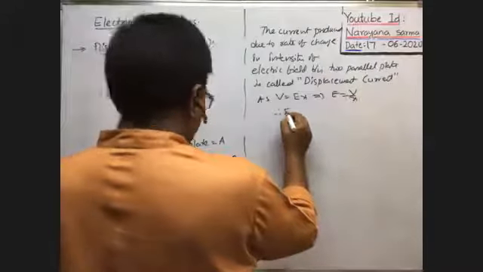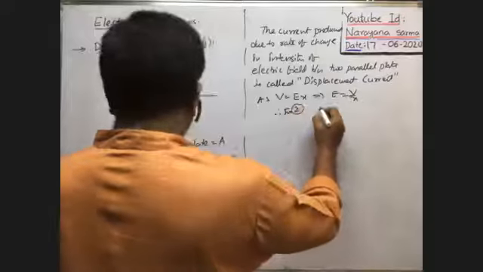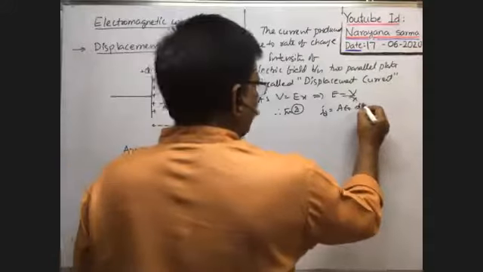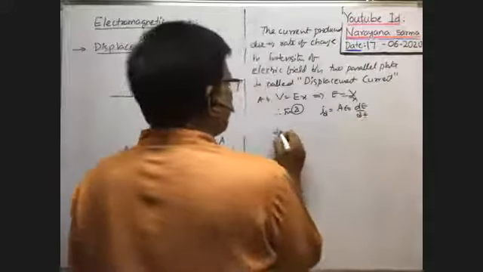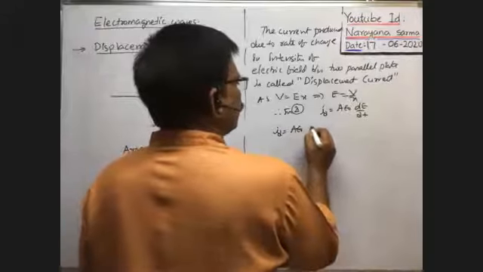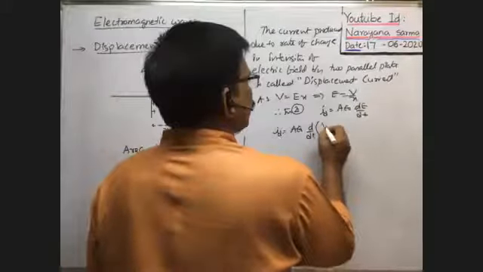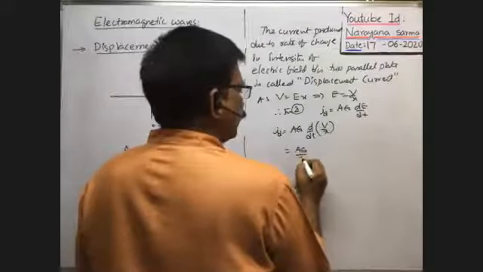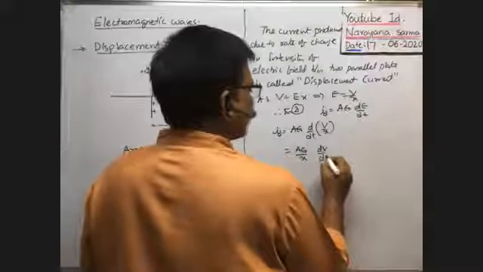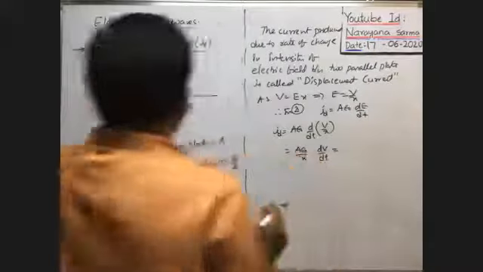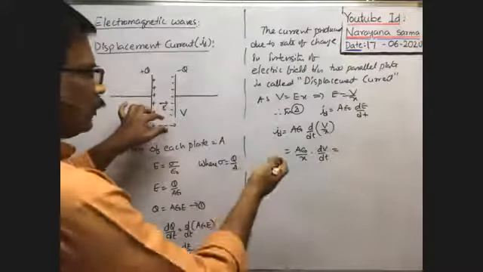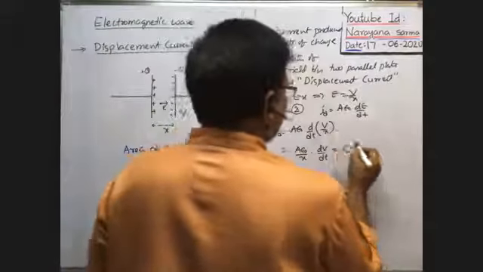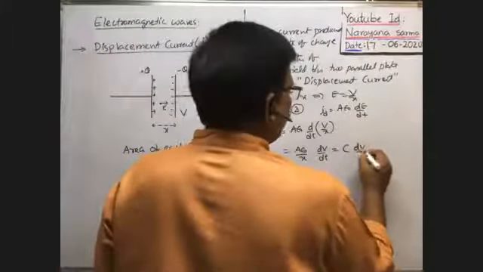Therefore, displacement current ID is equal to A epsilon naught into dE by dt, which is A epsilon naught into d by dt of V by X. Of course, X is constant, so you keep aside A epsilon naught by X into dV by dt. A epsilon naught by X, like A epsilon naught by D, is the capacitance, no? Here instead of D, we imagined X. That's why A epsilon naught by X is the capacitance of the parallel plate capacitor, into dV by dt.